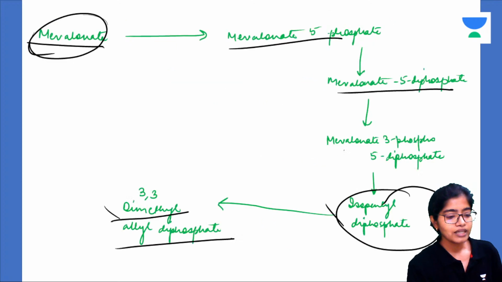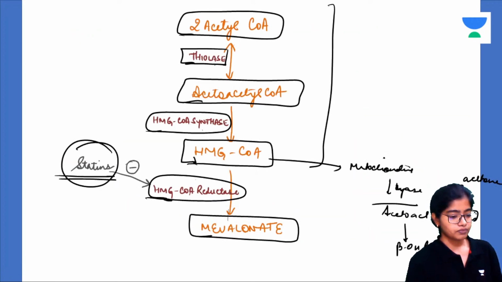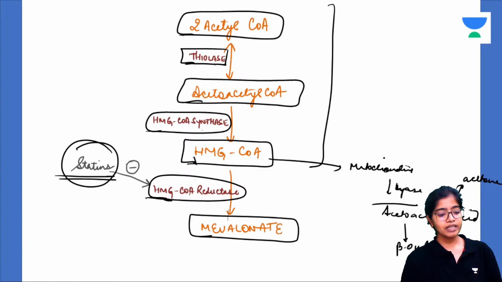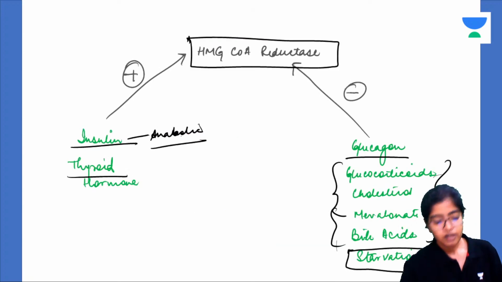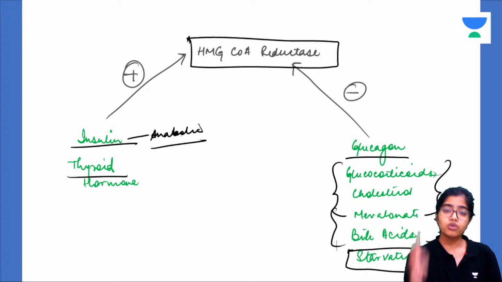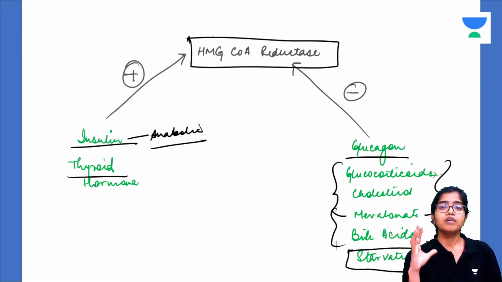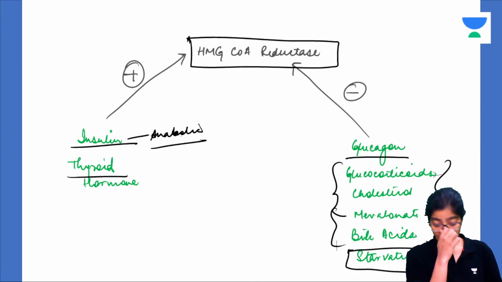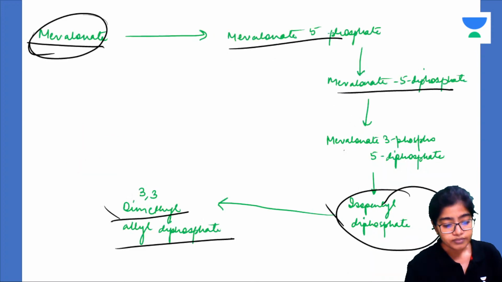So quickly, let us revise these steps. 2 acetyl CoA will form acetoacetyl CoA, then HMG CoA, then HMG CoA reductase, the rate limiting enzyme, forms mevalonate. HMG CoA reductase is stimulated by the anabolic hormones insulin and thyroid. It is inhibited by statins. It is also inhibited by glucagon, glucocorticoids, cholesterol, mevalonate, bile acids, and starvation.